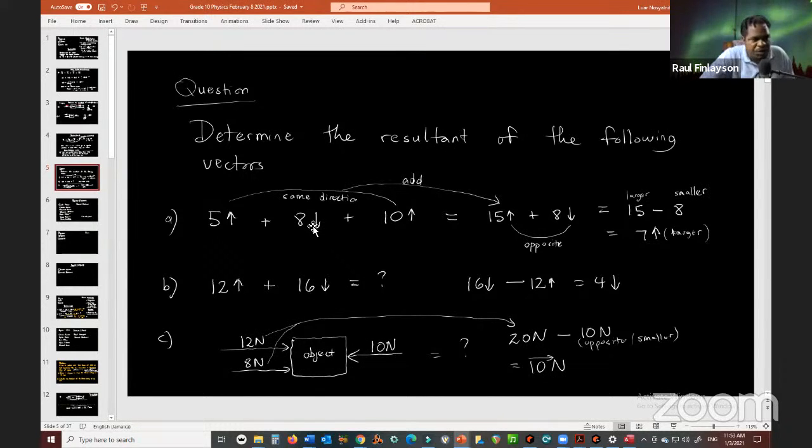So when vectors are going in the opposite direction, we subtract them. We subtract the smaller one from the larger one, and we keep the sign of the larger vector. And that's the rule with anti-parallel vectors, guys. So you're going to have to go through your notes for these and try to remember it for the SWOT test on Thursday.